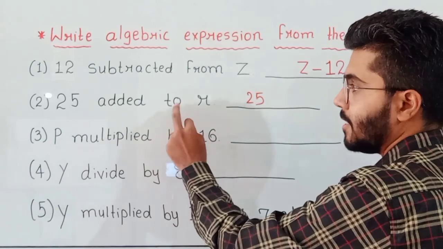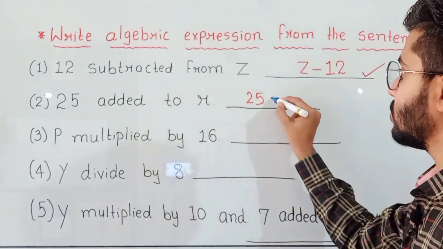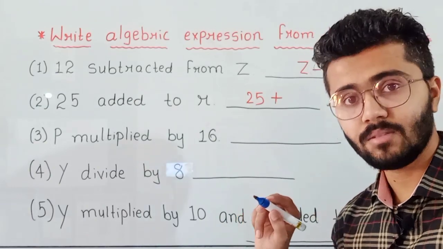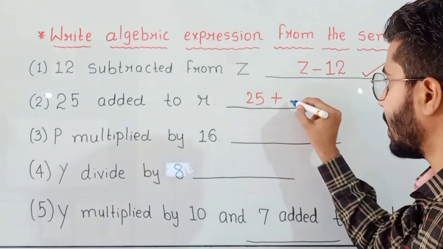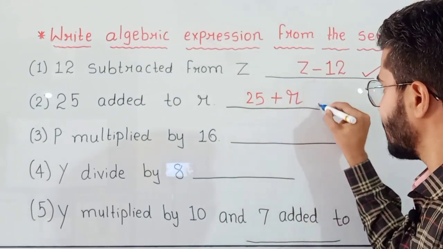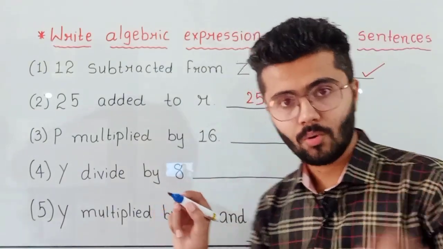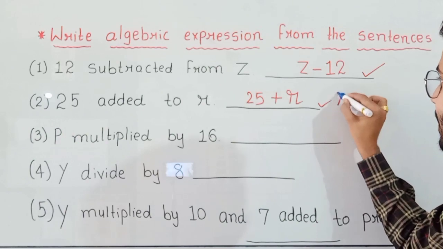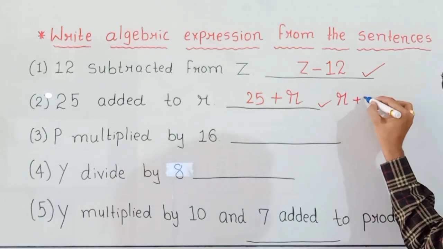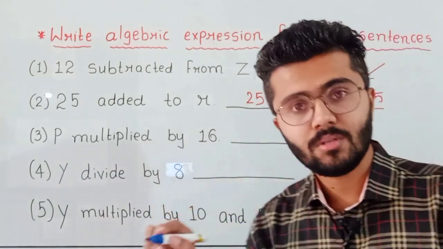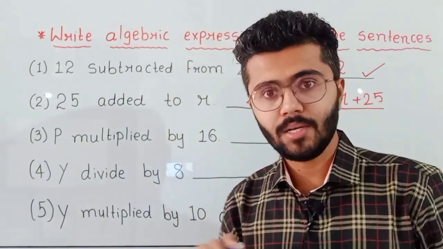So here added to means plus. 25 is added to R. Yes, this is the correct equation. But you can also write this equation like R plus 25. This equation is also not wrong, right?